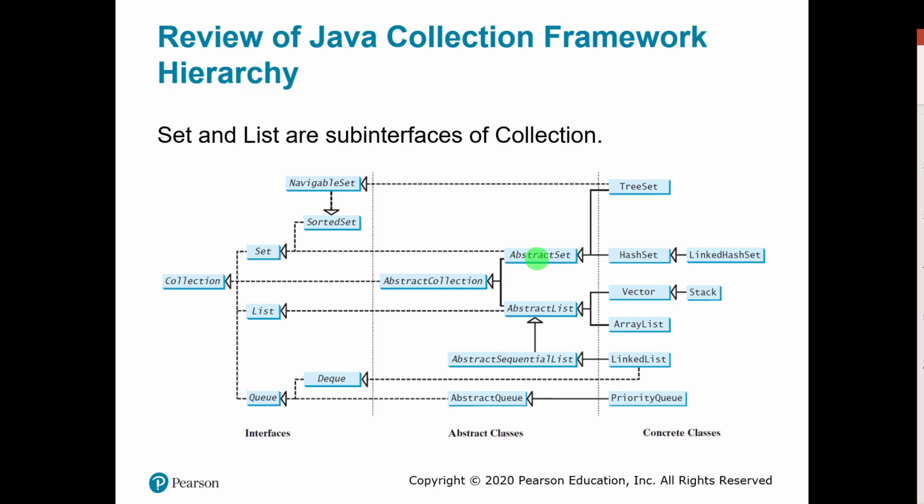That's how dot equals functions so efficiently. So abstract set actually implements those two methods, overriding them from the object class so that we can use it. The hash code of a set is the sum of the hash code of all of its elements. So this is an abstract set.